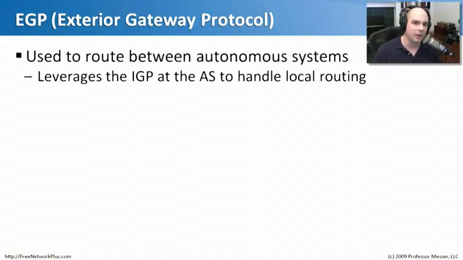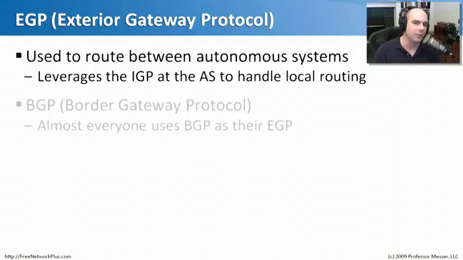This is what allows us to route between these autonomous systems. Because with autonomous systems, you may have no idea how somebody else routes inside their own AS, but we don't care because we have these great exterior gateway protocols that at least allow us to talk at a high level between each other. So we can manage our own routing internally and not even care about anybody else, but still be able to talk with the rest of the world.